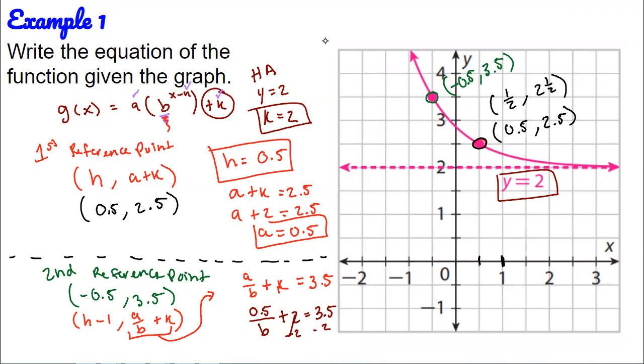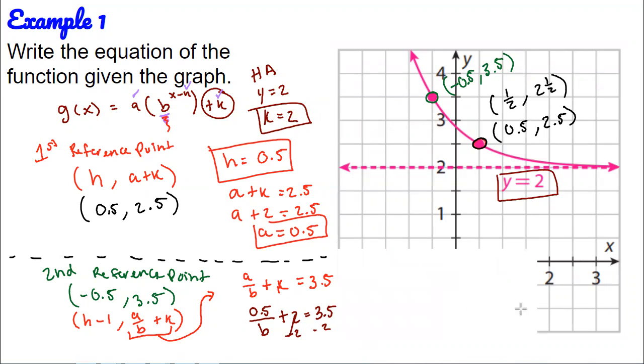Let me make some space. So we have 0.5 over b equals 3.5 minus 2, 1.5. How do we solve for b? We can go about it two ways or many ways.